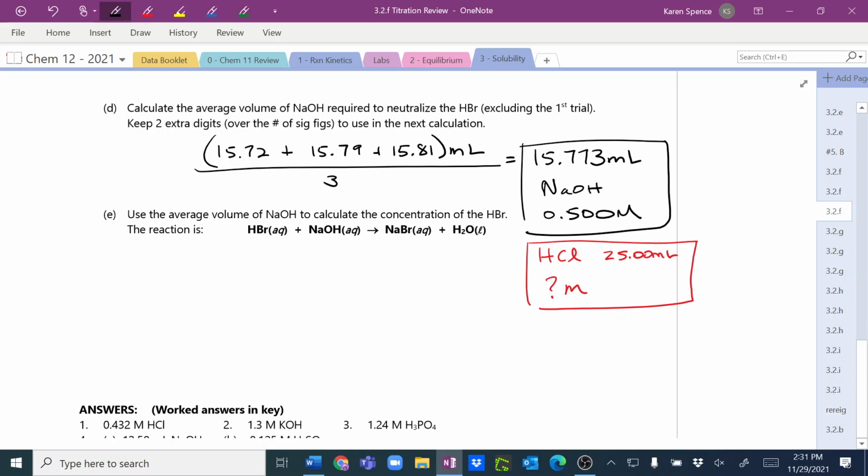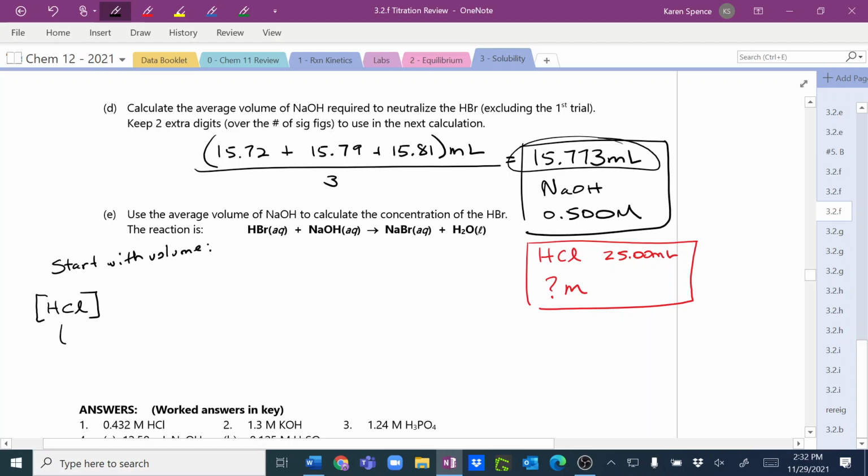When doing a string of titration calculations, I would recommend always start with volume. So start with volume of our known substance. We want to find eventually the concentration of the HCl, which is moles per liter.